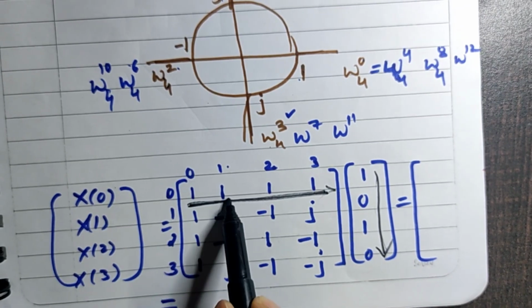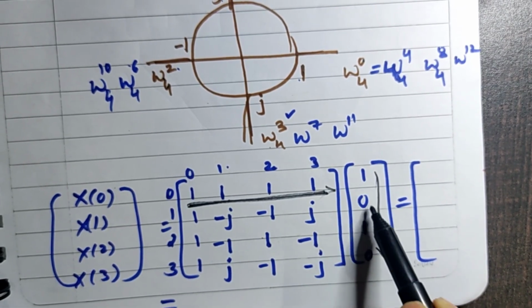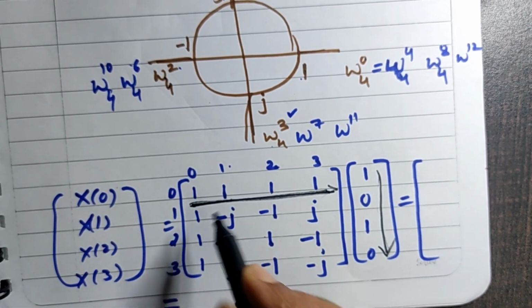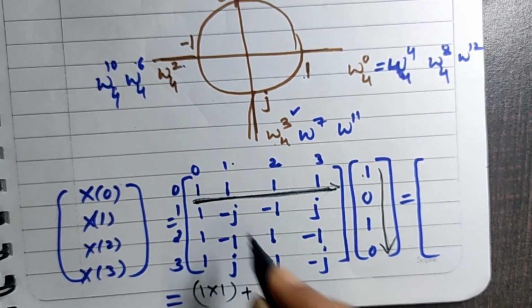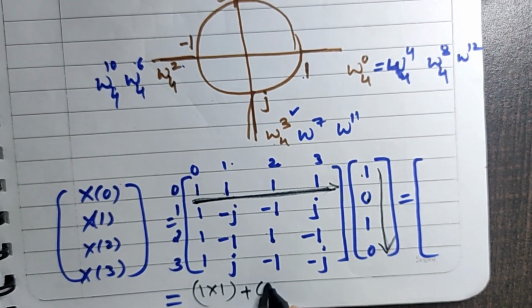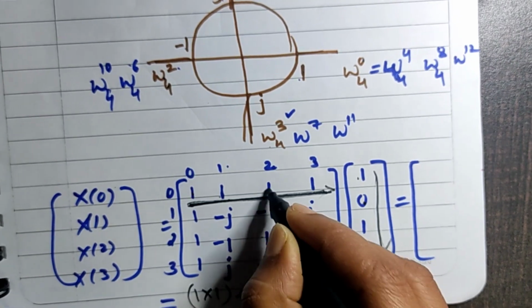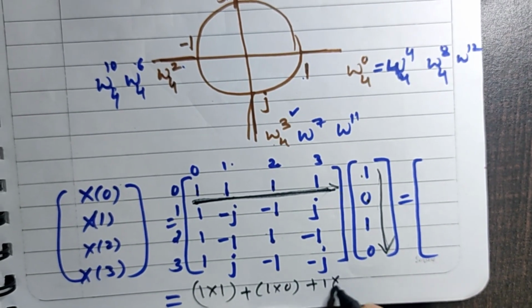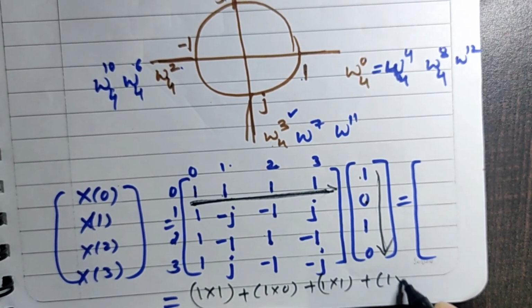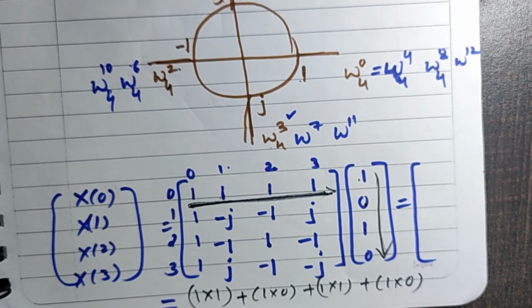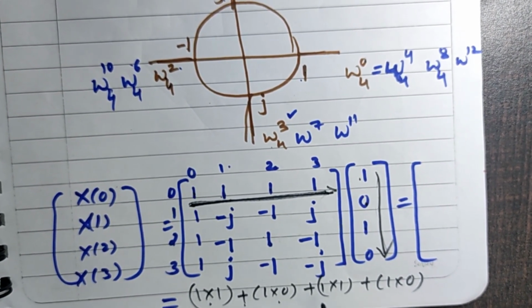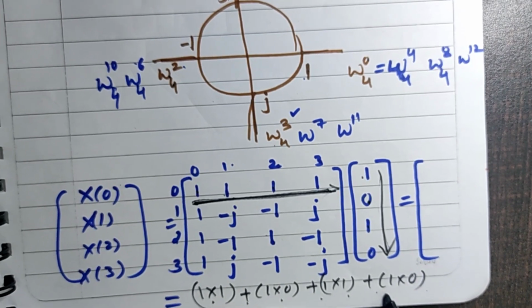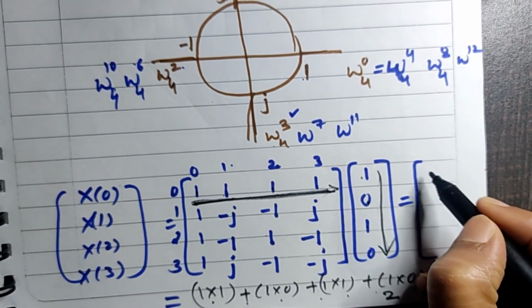So 1, 1, 1, 1 into 1, 0, 1, 0. How are we going to write? 1 into 1 plus 1 into 0 plus 1 into 1 plus 1 into 0. In this way we are going to do it. So what's the value of this? 1 plus 0 plus 1 plus 0, which is 2. So this is 2.